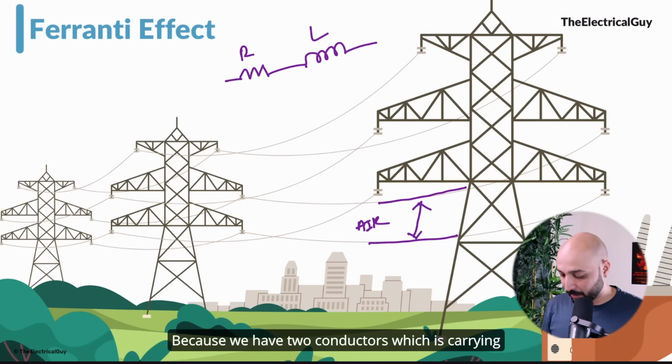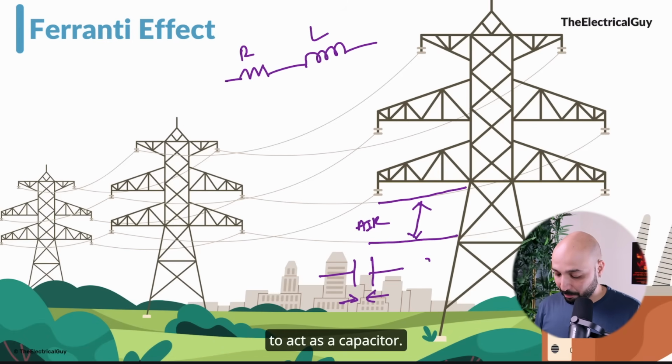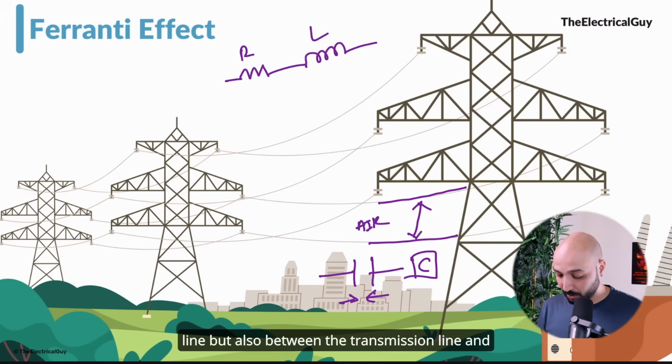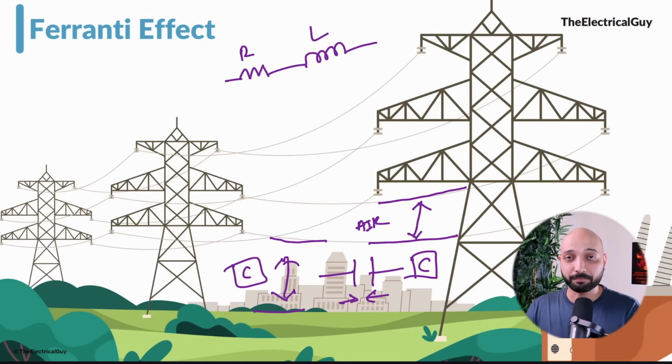Because we have two conductors carrying current, and they are also separated by some sort of insulating medium. And this is going to act as a capacitor. And this is not only between the transmission lines, but also between the transmission line and the ground. The capacitance will be there.